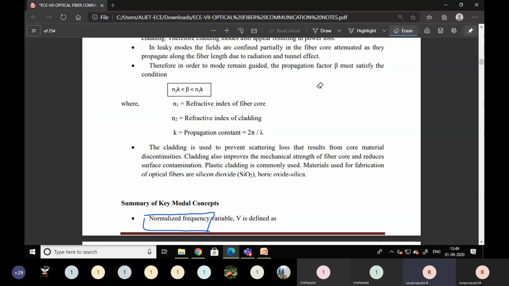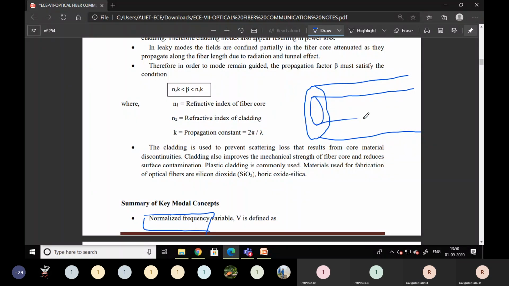For example, here I am taking one optical fiber. Here, this is the cladding, and this is the core. Core and cladding, and here the core refractive index is N1, and the cladding refractive index I am taking is N2.